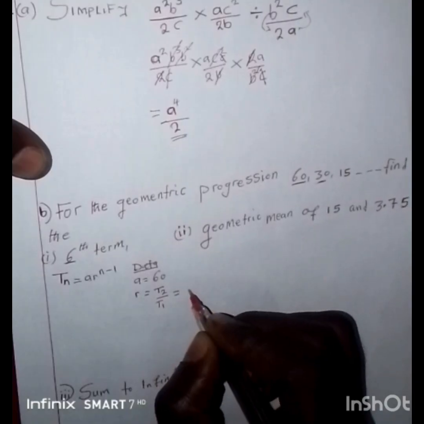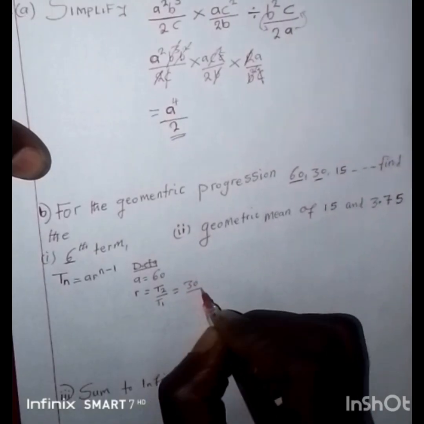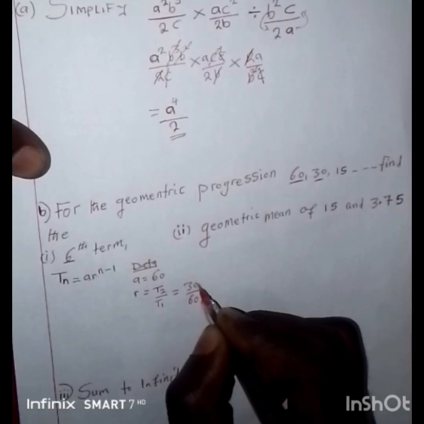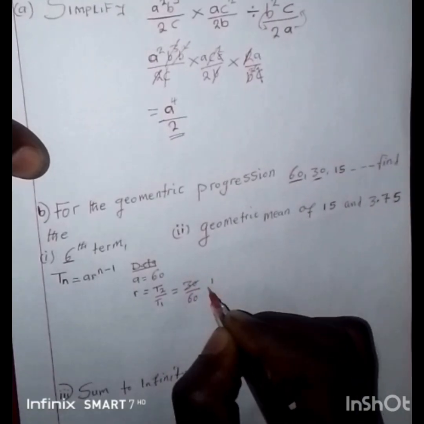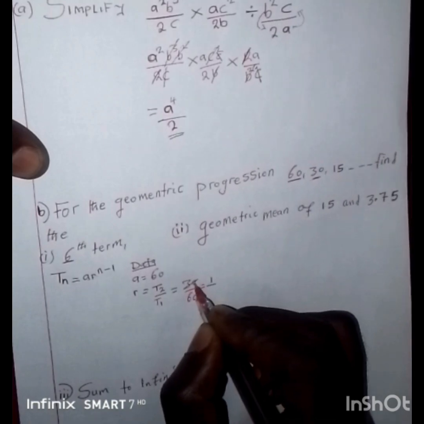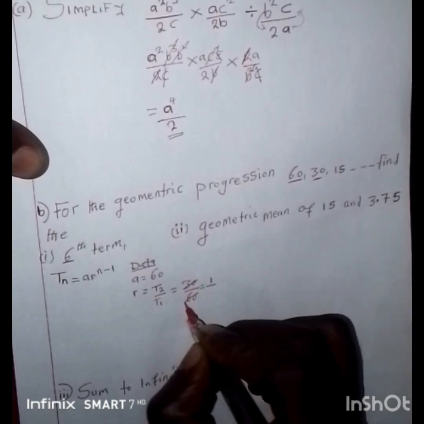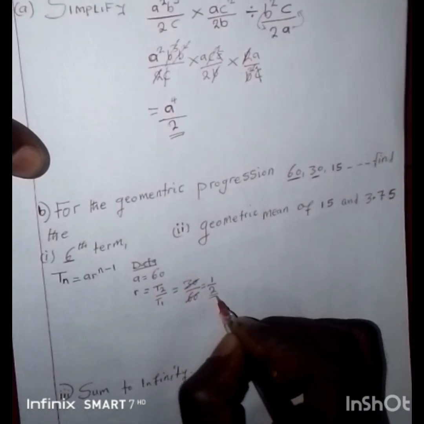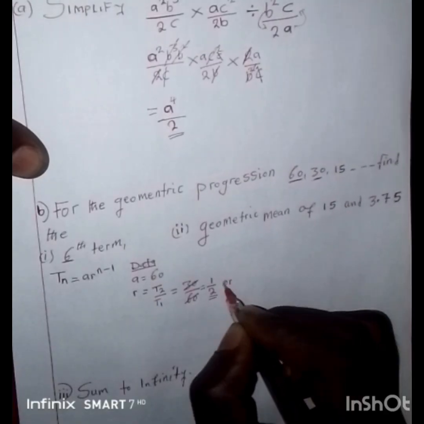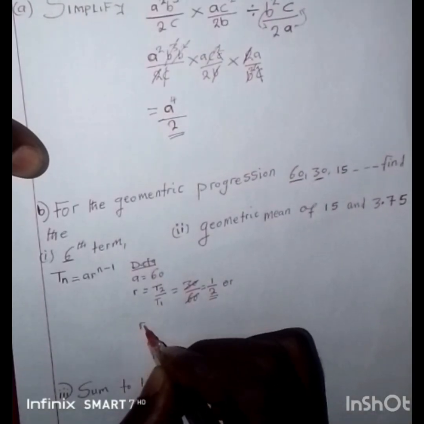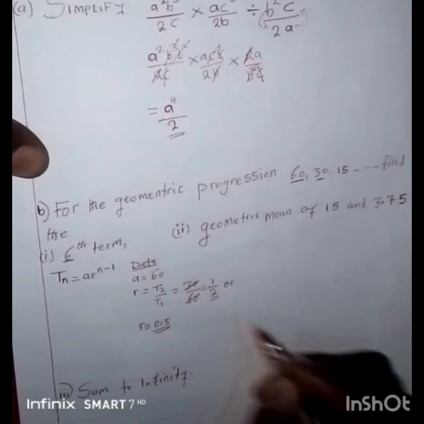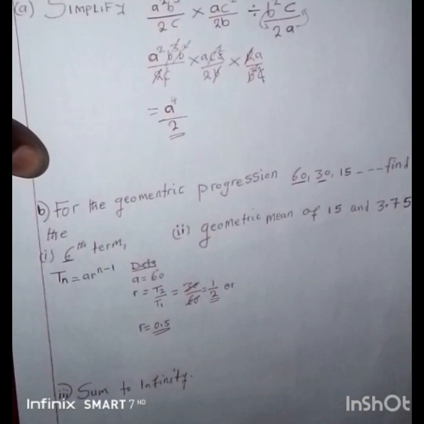Now term 2 is 30. When you divide by the first term, which is term 1, which is 60, it is 30 over 60, which is 1 over 2. 30 into 60 is 2. So we have this one, or in decimal it can be 0.5, or half, whichever we can use.